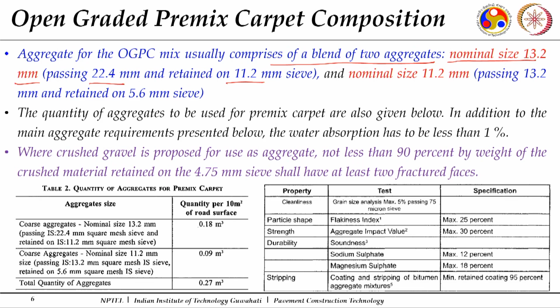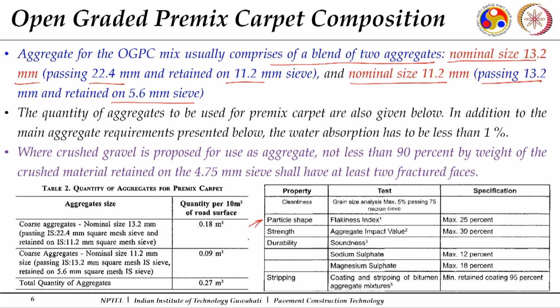And the second size is predominantly a size having an NMS of 11.2, which passes through 13.2 and gets retained on 5.6 mm. Now, the quality of these aggregates needs to be ensured, and we need to look into the physical characteristics, which, as you can see here, are the requirements taken from MORD specifications as well as from the IRC premix carpet specifications along with the MORTH specifications.